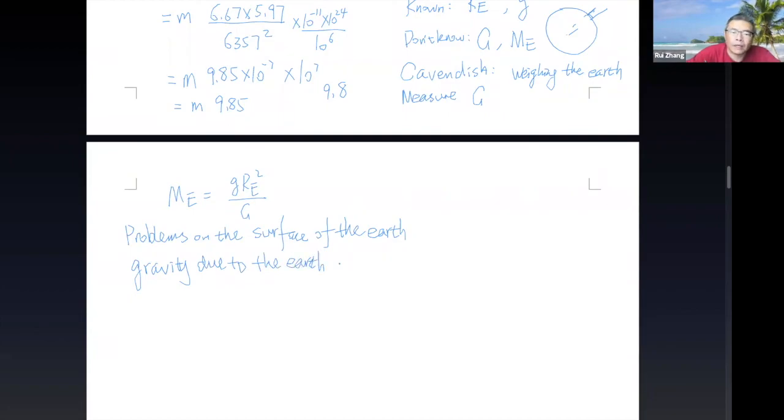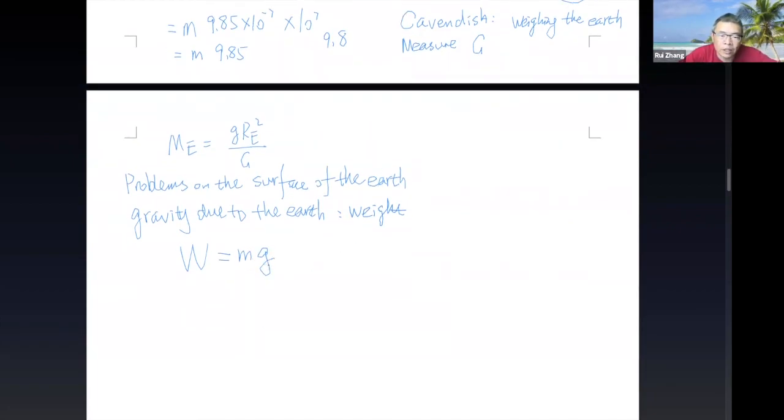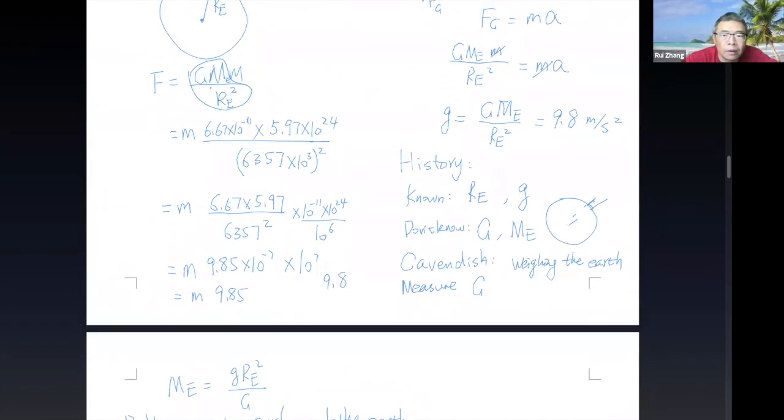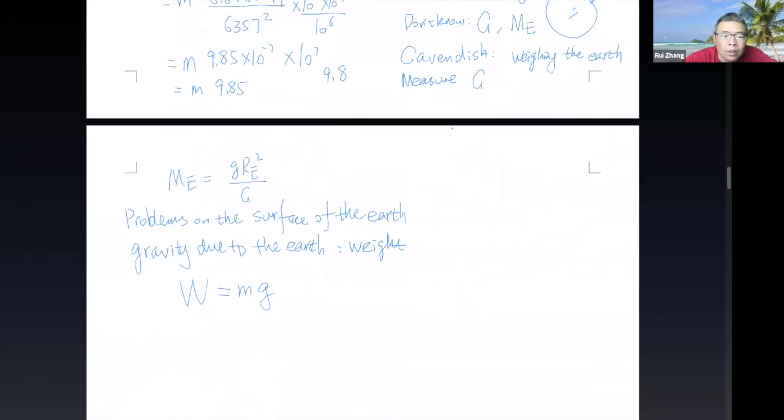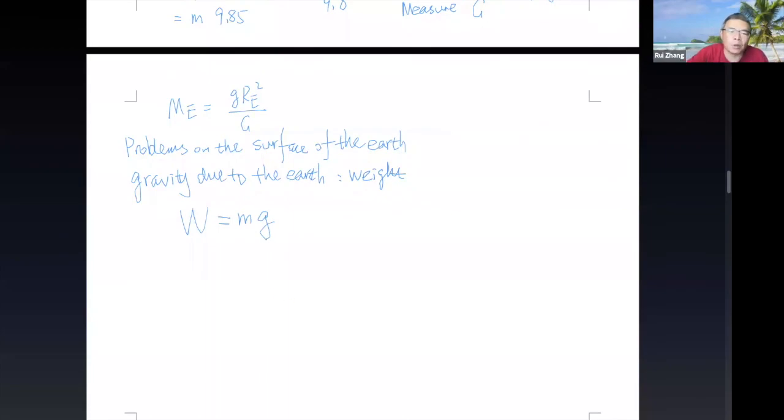We call it weight, and it's defined as W, and we define W as mg. So mass times lowercase g, because lowercase g is nothing but this combination here. So we can replace this combination by lowercase g. From now on, mostly in this chapter, we'll use this formula to calculate the weight of the object, or the gravity due to the Earth. That's what we call weight.